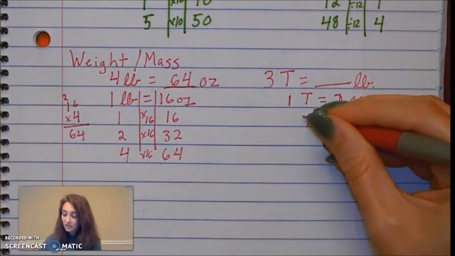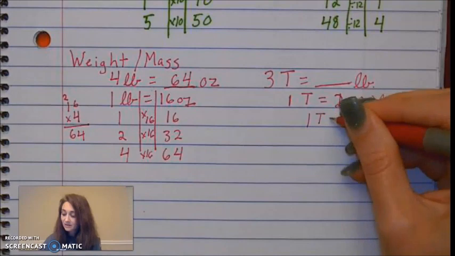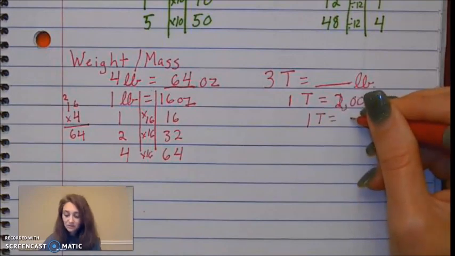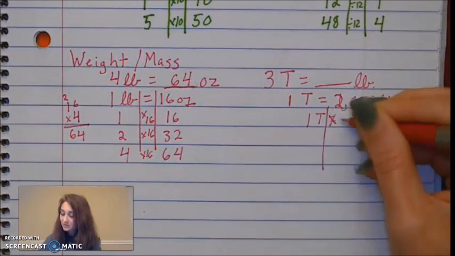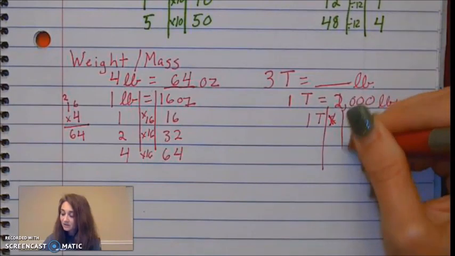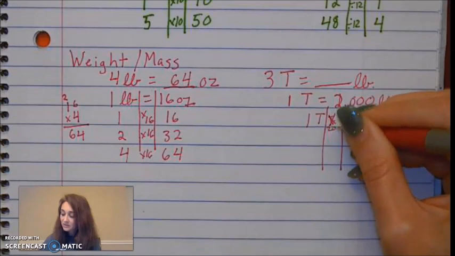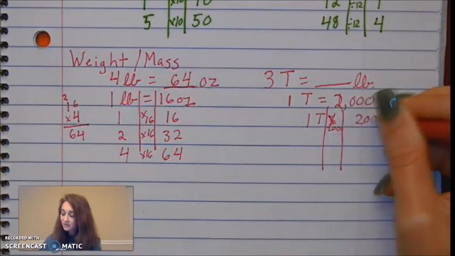Okay, go make my chart again. 1 ton equals 2,000 pounds, so that's times, sorry guys, I made a little mistake there, times 2,000, and that gives me 2,000.